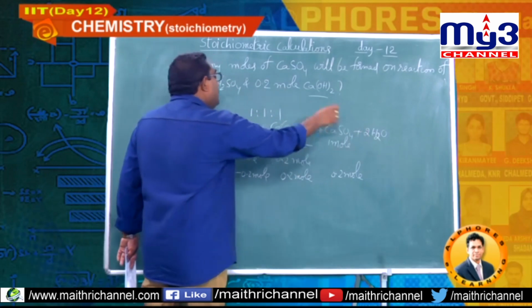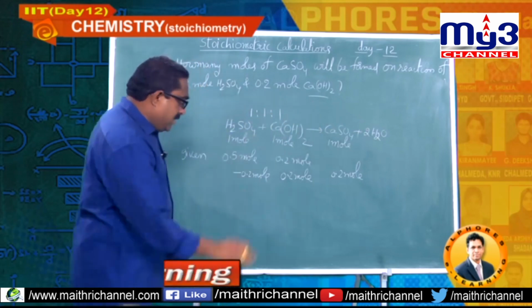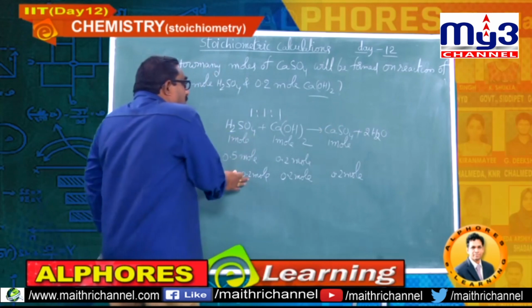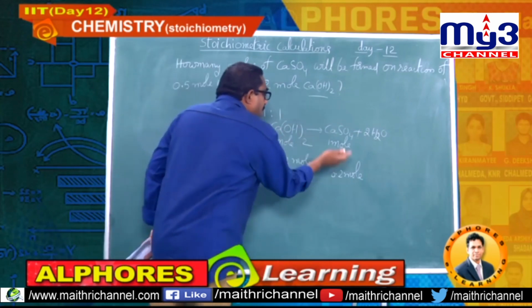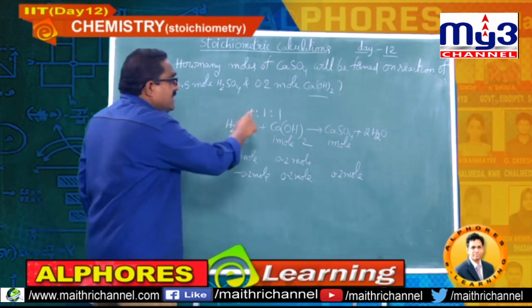If you want to write H2O, you can write 1:2 also. So, 0.2 moles combines with 0.2 moles and forms 0.2 mole of calcium sulfate, because the mole ratio is the same 1:1:1.